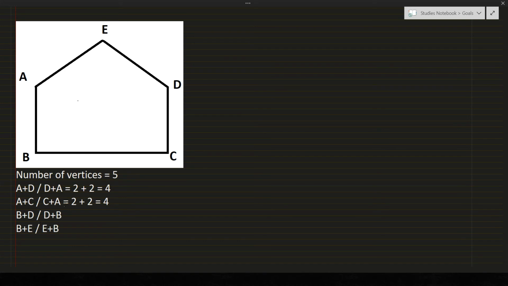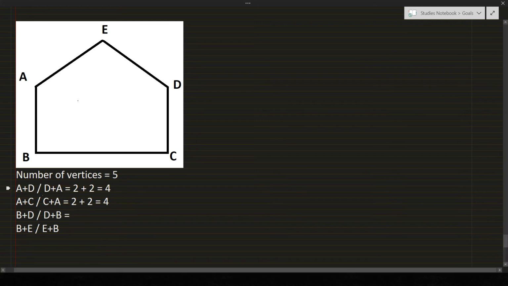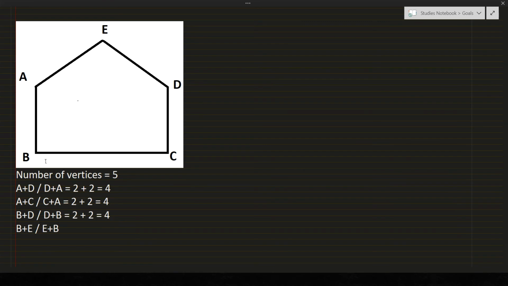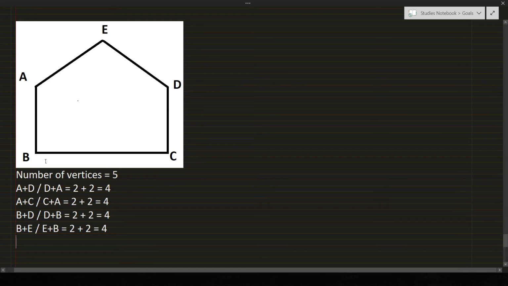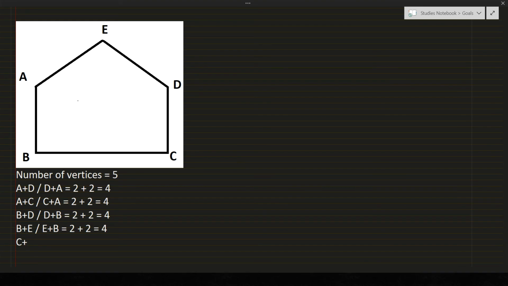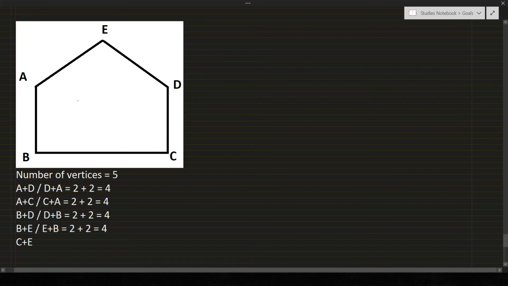Okay. What is the degree for B? 2, plus for D also 2. So gives us 4. This one is also 4. Next, let's look at letter C. We already have C plus A. We'll look at the other non-adjacent pair, which is letter E. For C, 2 again.